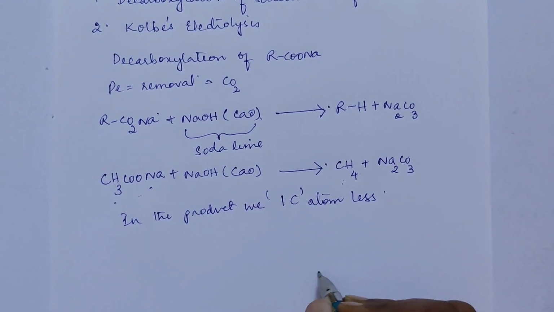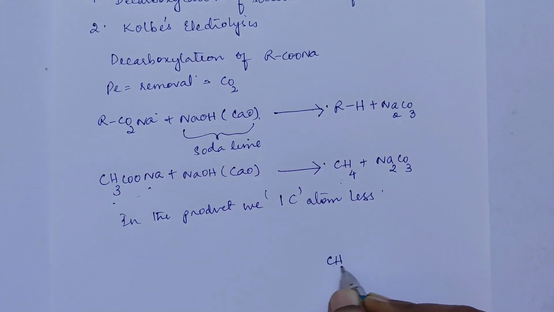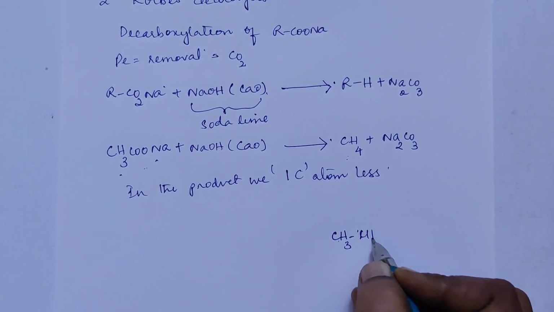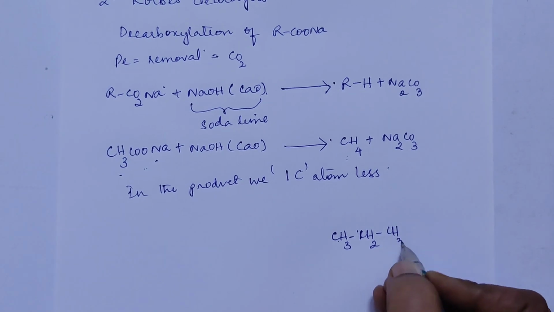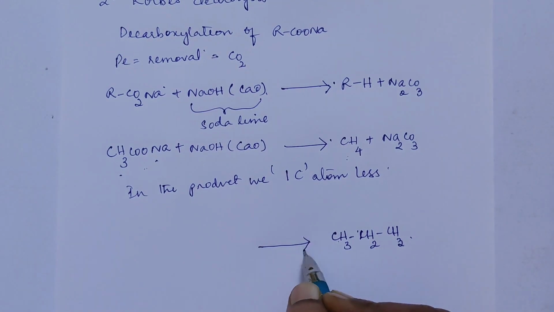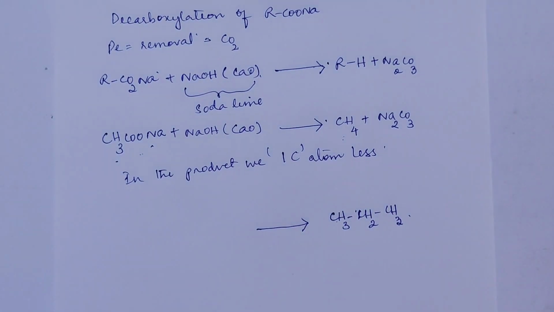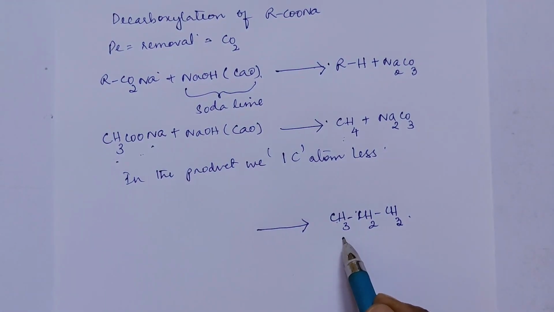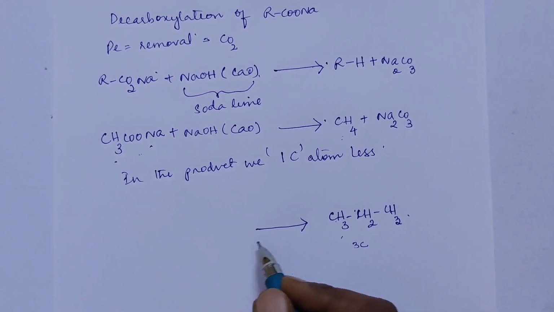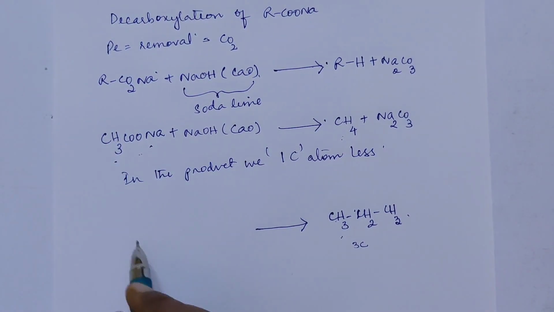For example, if we want to prepare propane, which acid do we have to take to prepare propane by decarboxylation of sodium salts of carboxylic acid? Here we have 3 carbon atoms in the product, so 1 carbon atom more should be there in the reactant.